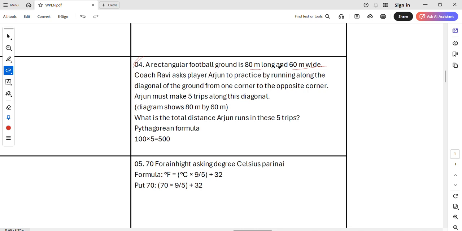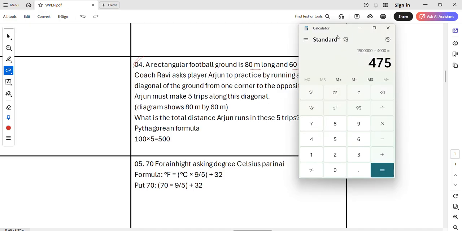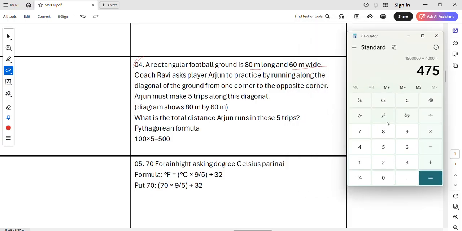Okay, here we should apply the Pythagorean formula. The Pythagorean formula is a square plus b square equals c square.